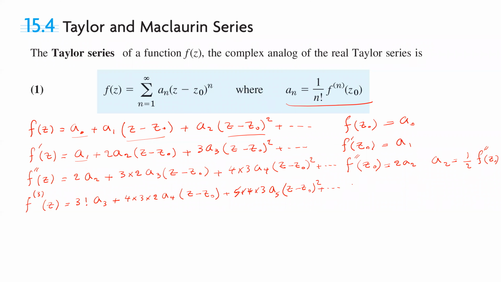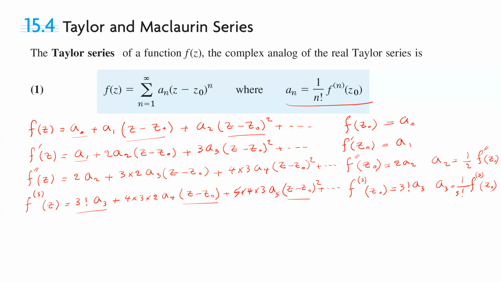So if you put the third derivative of f calculated at z naught, then all of these that have z minus z naught go to 0. So you get 3 factorial times a3. So a3 is 1 over 3 factorial, the third derivative evaluated at z naught.